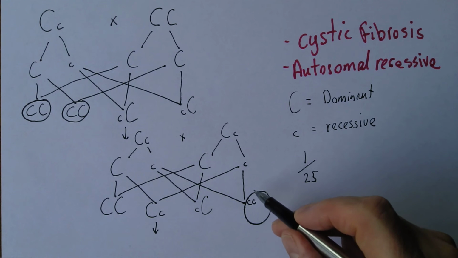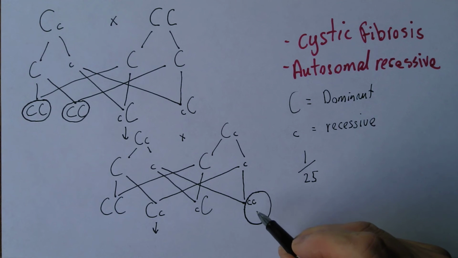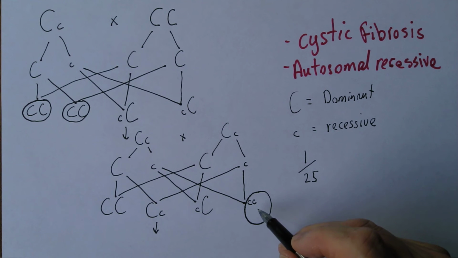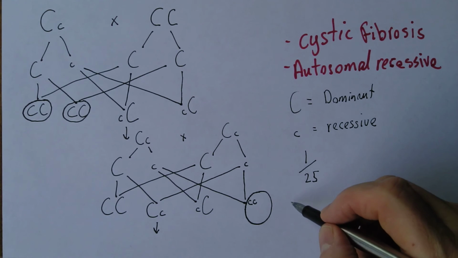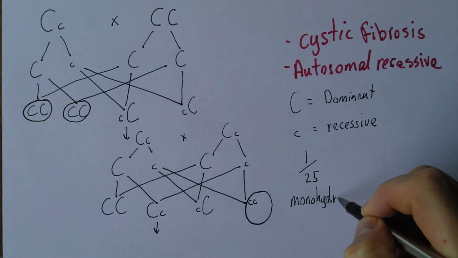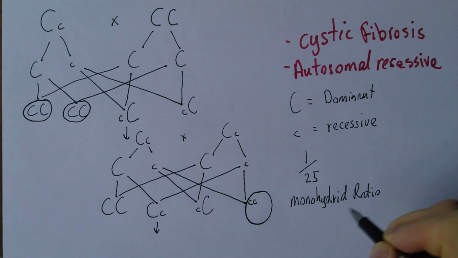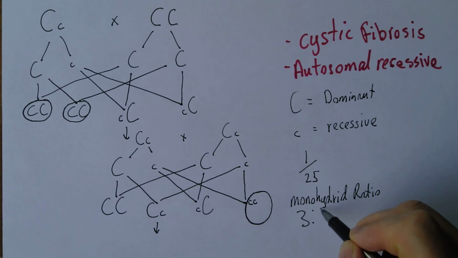And this person will be ill with cystic fibrosis because they have not inherited a copy of the normal dominant gene. And again, we see that gives rise to the classic monohybrid ratio, which of course is 3 to 1.